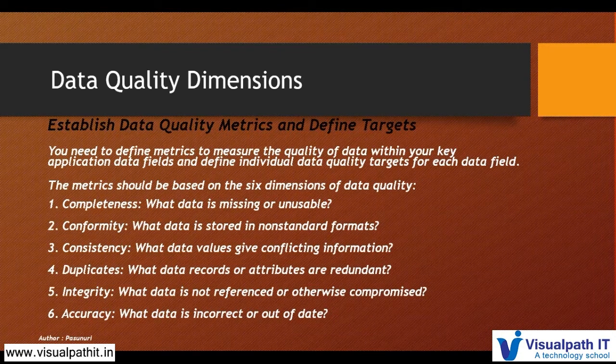So the very first one is completeness. We all know that we will be looking for mandatory fields in the source data object, and if any mandatory field is missing, then we will say completeness has failed on the source data object. So it indicates we will be looking for mandatory fields to be filled in.